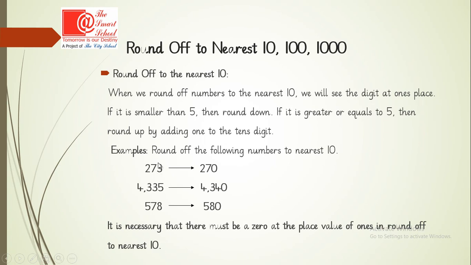Now we will see here this number is 273, and at ones place it is 3, which is less than 5, so we will round down. It means lesser than 3, which will be 0 over here, so it is 270. The round off of 273 is 270.